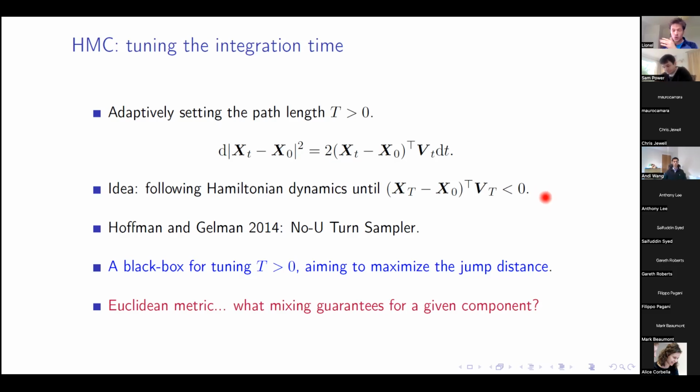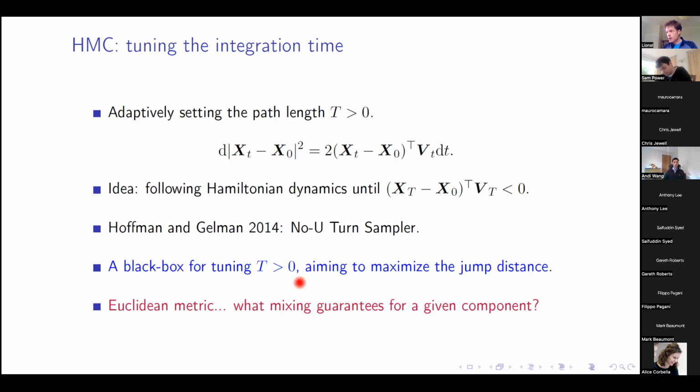Right? So I'm not going to go into this detail here, but I'm going to illustrate that these algorithms, and this is one example, there have been other adaptive tuning solutions proposed, and they received a lot of interest because they provide black box tuning for the integration time, and we know that HMC is quite sensitive to this choice of integration time.